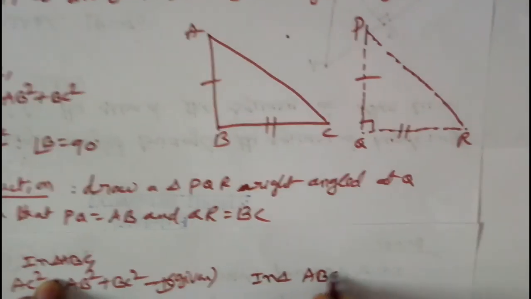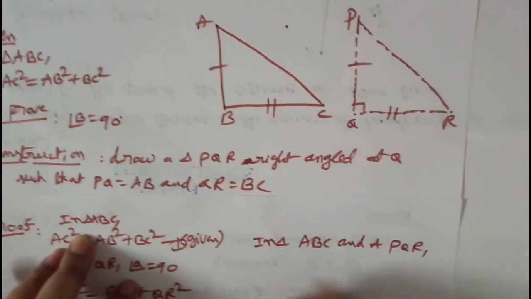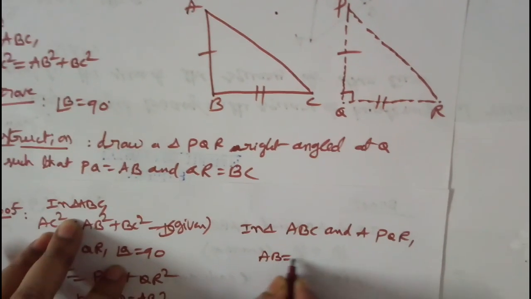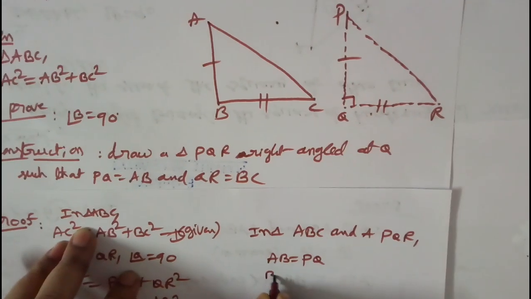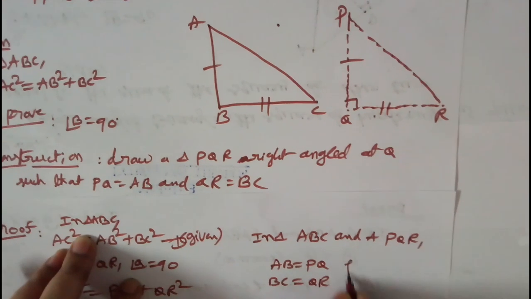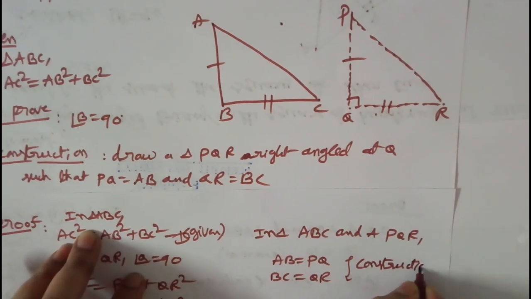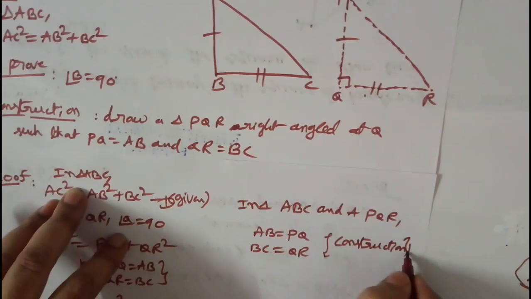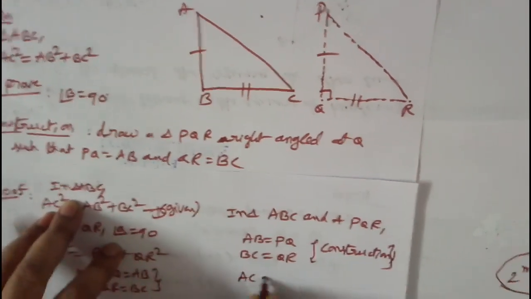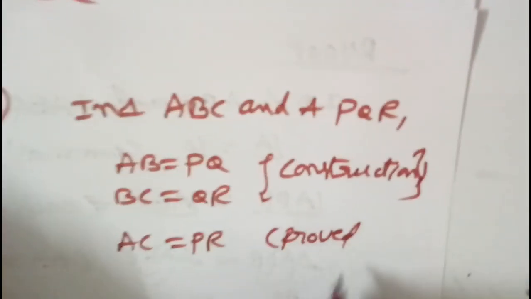Now write in triangle ABC and triangle PQR, AB is equal to PQ, BC is equal to QR. For these two, reason: construction. Next, AC is equal to PR, proved from equation 3.